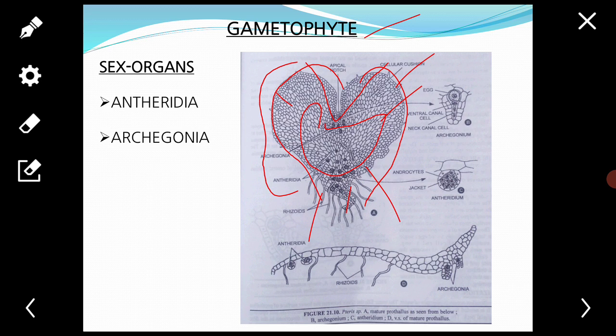The antheridia are produced towards the base among the unicellular rhizoids, whereas the archegonia develop on the central cushion behind the apical notch.